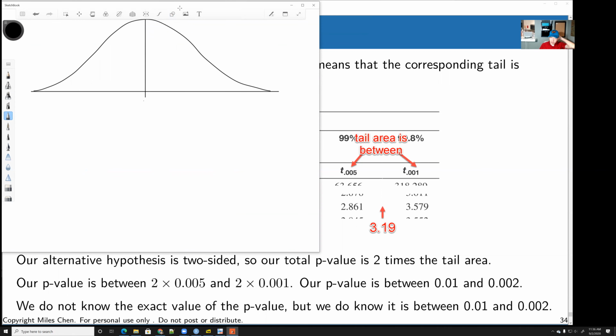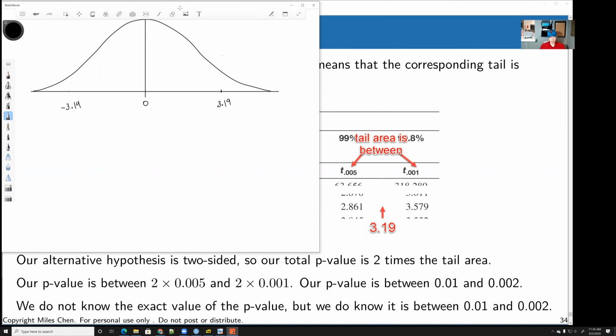The idea here is I put 0 here, and technically we're at negative 3.19, but it's symmetric, so whatever answer I get is going to be the same as positive 3.19.